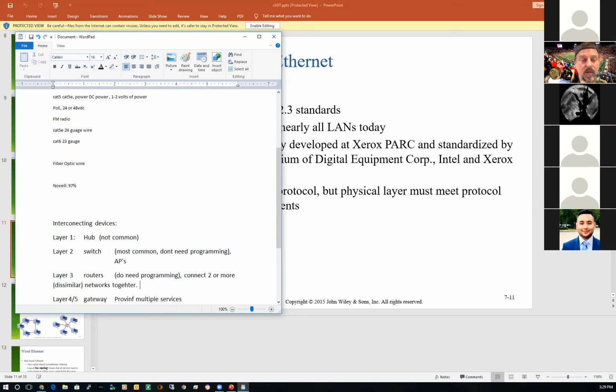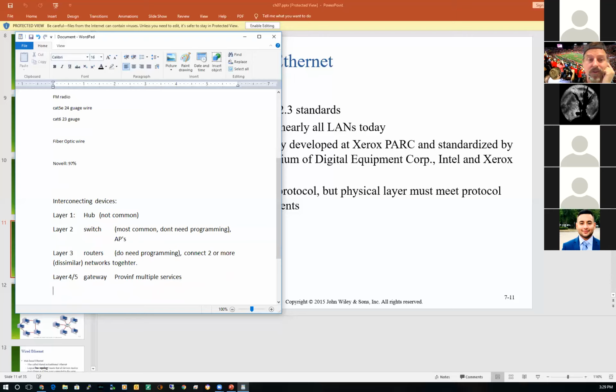Not always dissimilar. Sometimes it's Ethernet on one side, Ethernet on the other side, LAN to WAN, for example. But a lot of times it's a different networking physical layer protocol, coax to Ethernet, for example, or wireless to wired. In the case of a gateway, that's what most of you have at home.